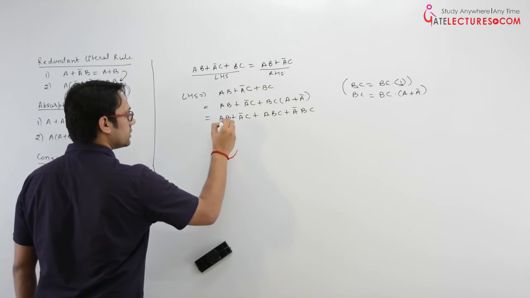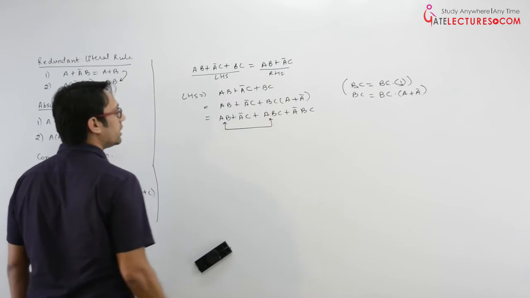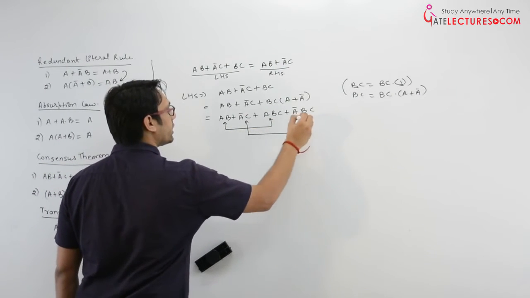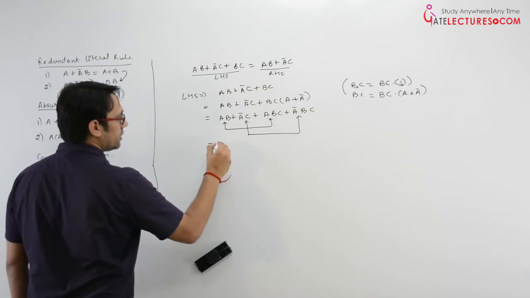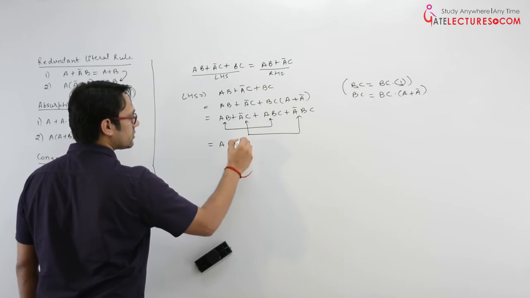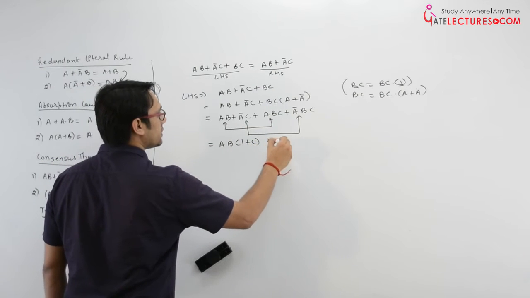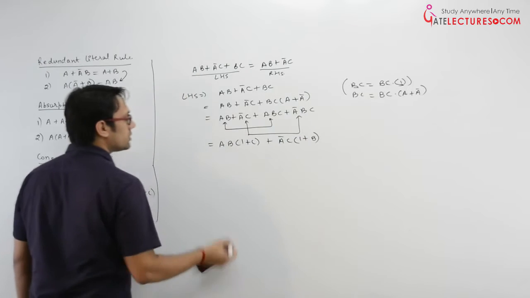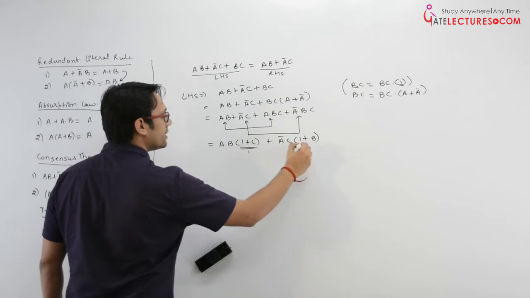Now between this one and this one, you can take AB as common. Between this one and this one, you can take A complement C as common. So it will be AB (1 plus C) plus A complement C (1 plus B). So it is equal to 1 itself, right?